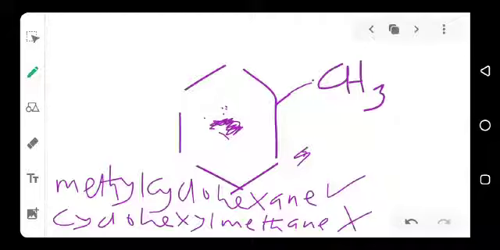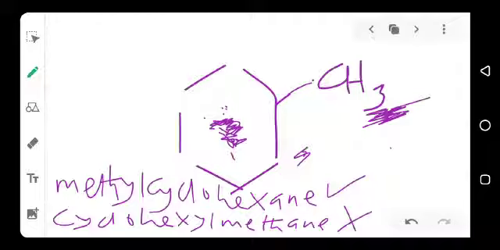So this methyl group is a substituent. We have to name it first before we put the parent name. So the correct name for this compound is methylcyclohexane.